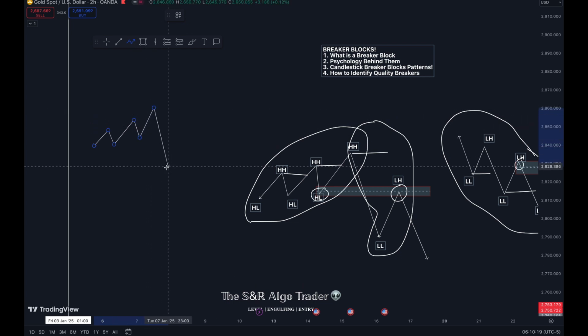Then it breaks through. So this one cleared liquidity. This area is liquidity. So once it cleared liquidity and this area doesn't hold, it becomes a breaker block. Yeah, because it has cleared liquidity here.